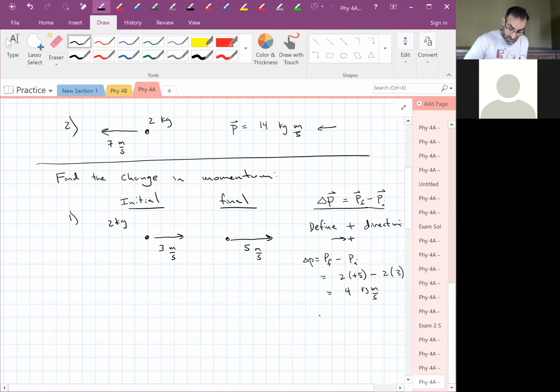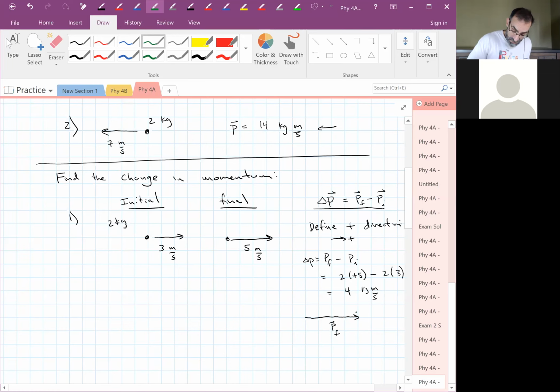Or we can do our vector addition. So our final momentum would be this one, a vector that's proportional to 10. The final momentum is 10, and our initial momentum was 6. I'll use green.